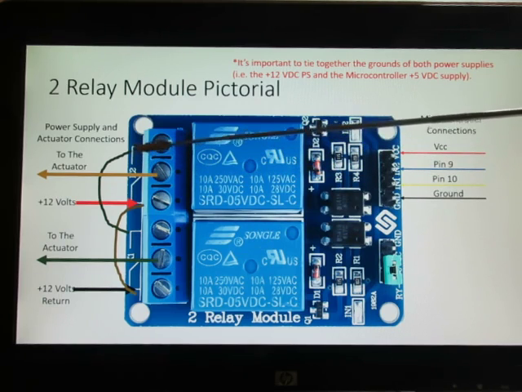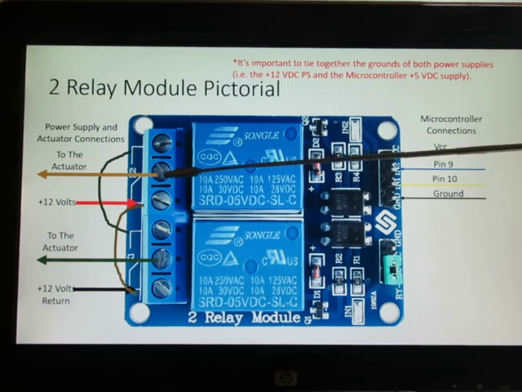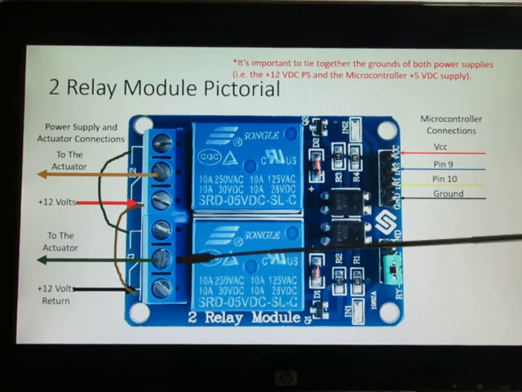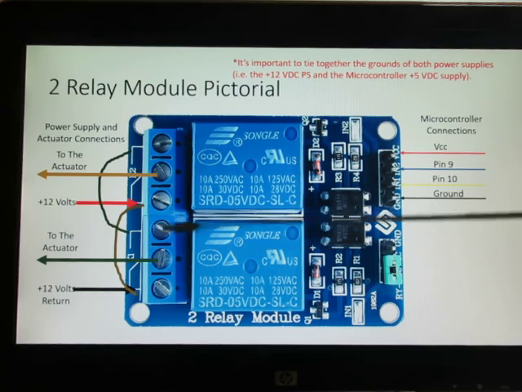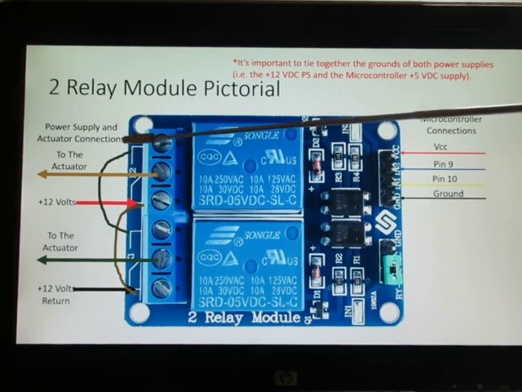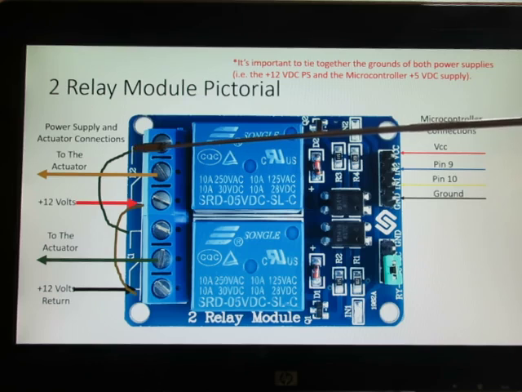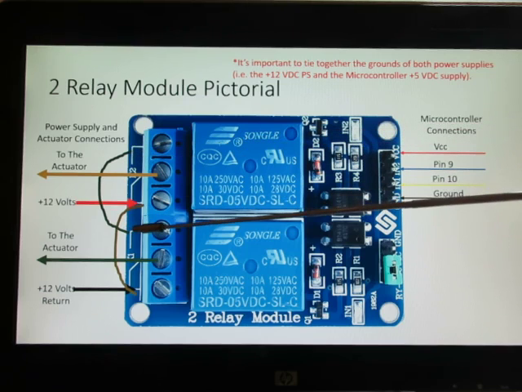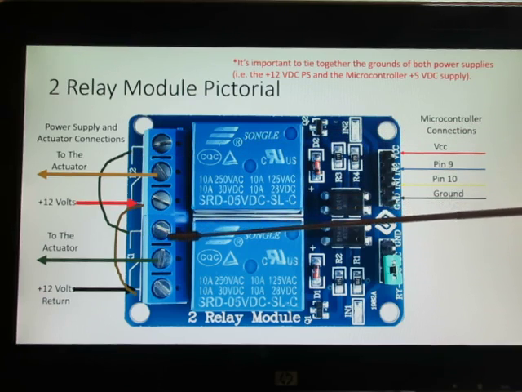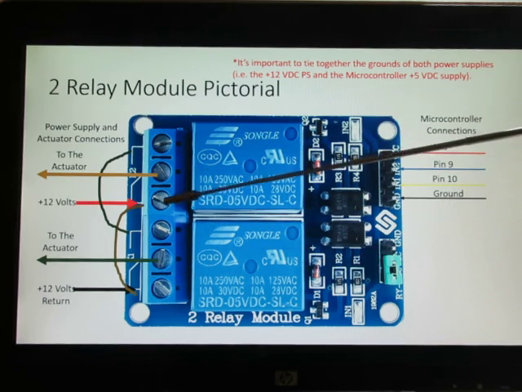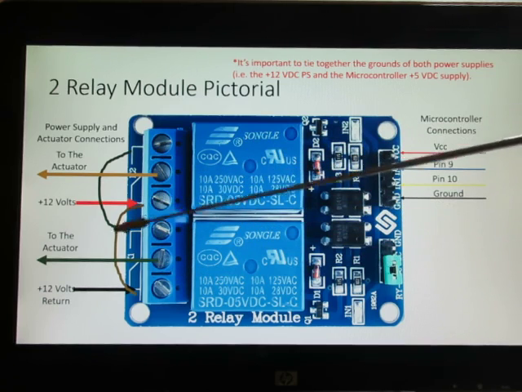We have the center common contact that goes to the actuator, and the same with the second relay. We notice that the normally open contact of this relay is connected to the normally open contact of the other relay, and the normally closed contact of this relay is connected to the normally closed contact of that relay.